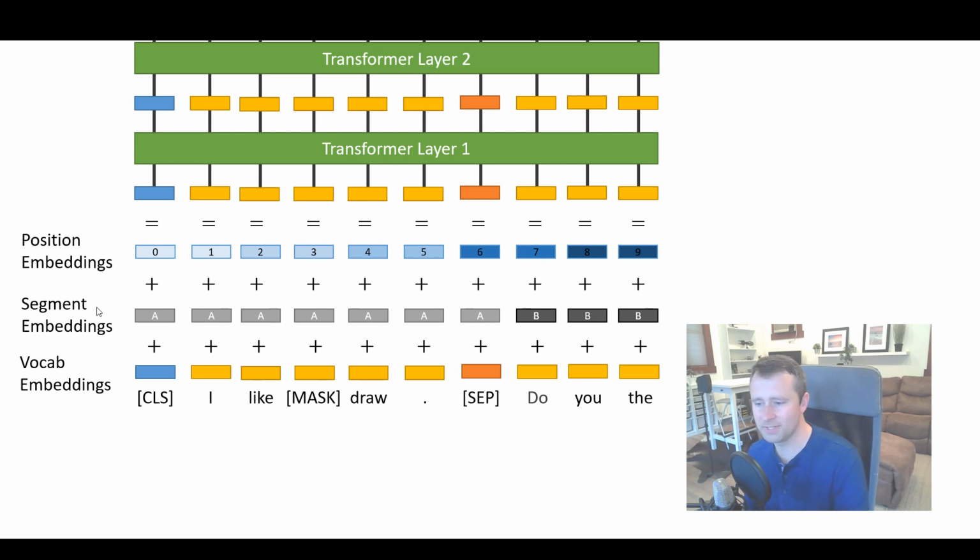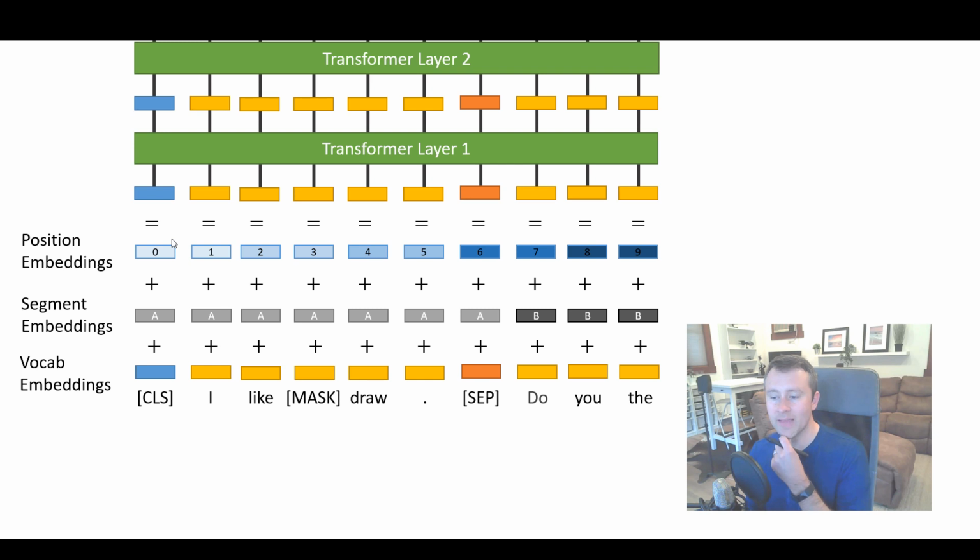A small detail: CLS and SEP both get the A segment. And then, as we looked at in the last episode, there's a unique position embedding for every input position, and that's added in as well. So these three things are summed together, and that's the actual input to BERT.